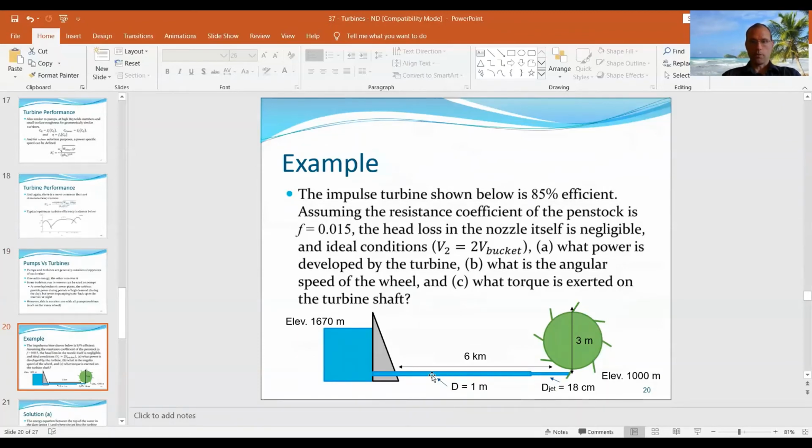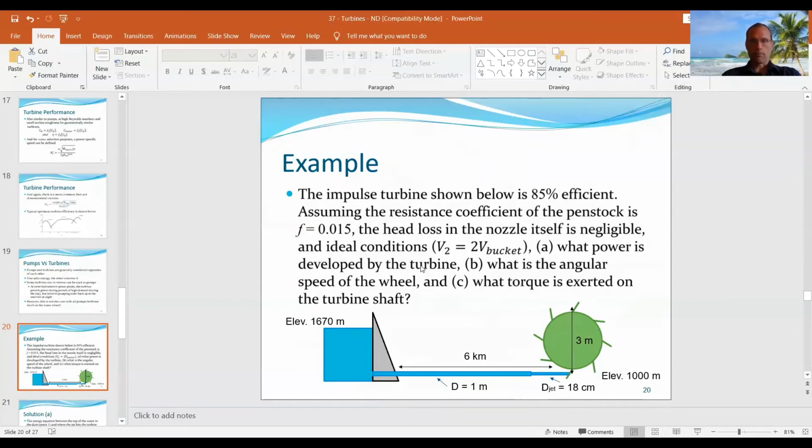I have this 1 meter diameter tube of water, and then I have a jet basically to increase the velocity so that when the velocity hits here, it's going faster. It's going to give me more energy and therefore more power. So assuming there's no head loss in that contraction. Ideal conditions, so my buckets, this rotational speed here is half of the jet velocity.